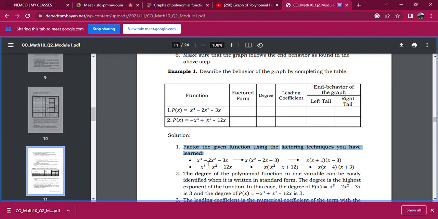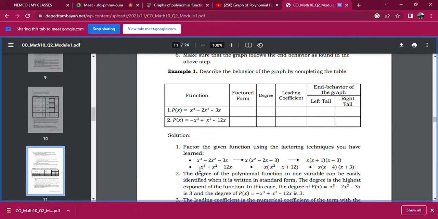Since every term has x, you factor out one x, and what remains is x times x squared minus 2x minus 3. Then you factor what is inside. So, that is just equal to x plus 1 times x minus 3. So, this is now your factored form for this function.